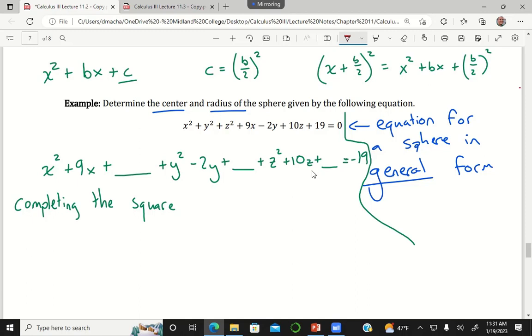It would be 9 over 2 squared, or you could write 81 over 4. And then what goes in this blank is negative 1 squared, or just 1. And what goes in this blank would be 5 squared, which would be 25.